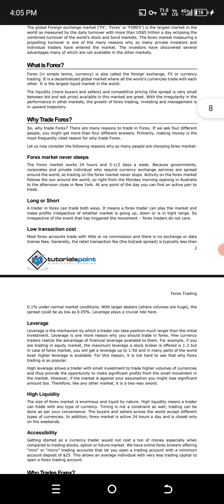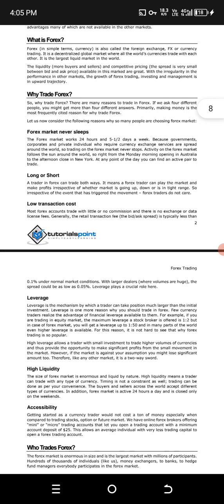So this is the biggest liquid market ever. It means there's buyers and there's sellers, and they are all competing for different prices. I hope you understand. That's why most times in forex, you always see the chart go up or go down. That's just it, because there's always buyers and sellers in the market.